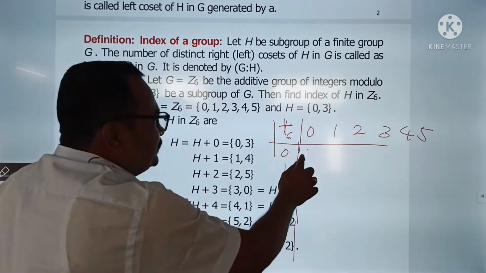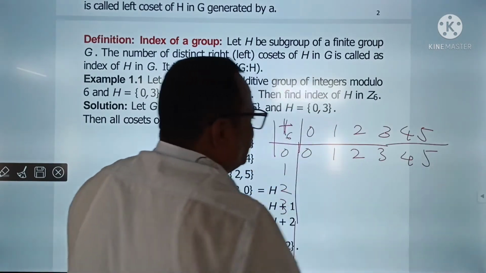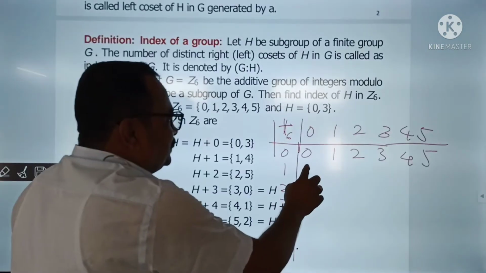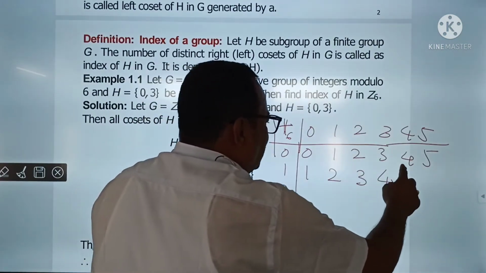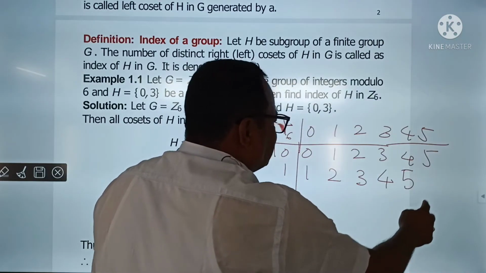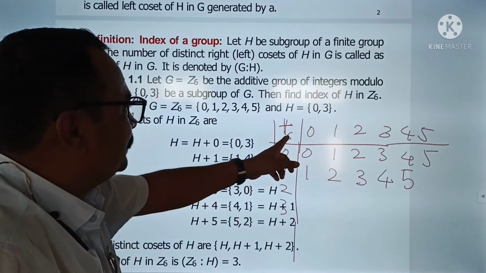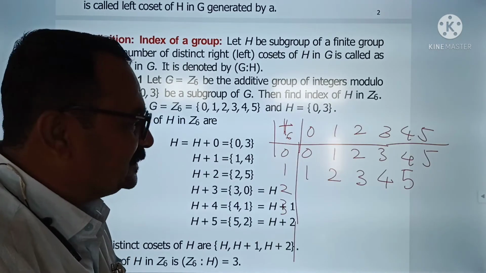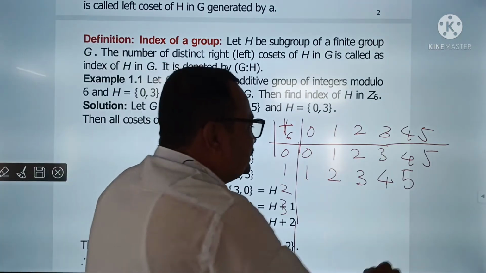So 0 plus 0 is 0, 0 plus 1, and so on; the first row is as it is, no problem. Then 1 plus 0 is 1, then 2, 3, 4, and 1 plus 4 is 5, 1 plus 5 is 6. So instead of 6, what is this actually? In addition modulo 6, 6 divided by 6 has remainder 0, so the entry here is 0.